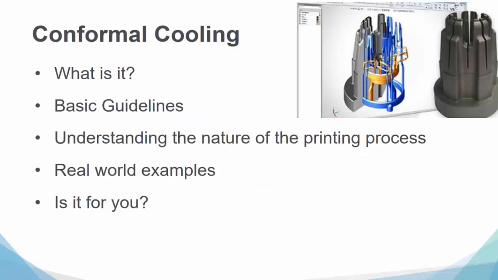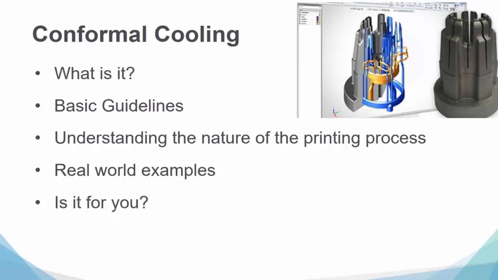I want this to be informative and to give you some good guidelines, not so much a sales presentation. So we're going to talk about what conformal cooling is, some simple definitions, ways that we can incorporate it, things that we need to do in order to have good guidelines for conformal cooling. Of course, we have to understand what's going on too when we print the metal core so that we get the best results.